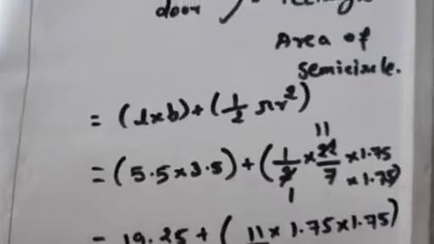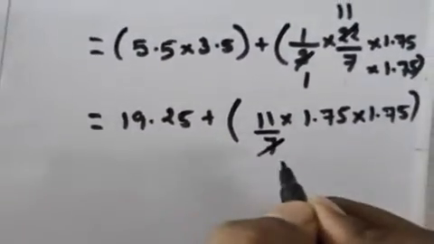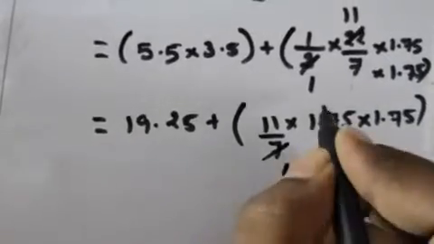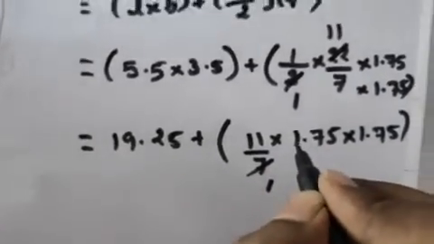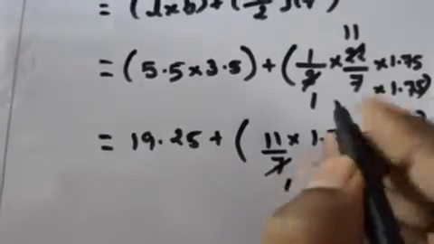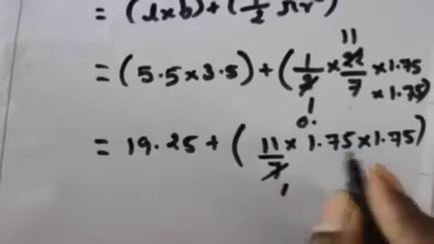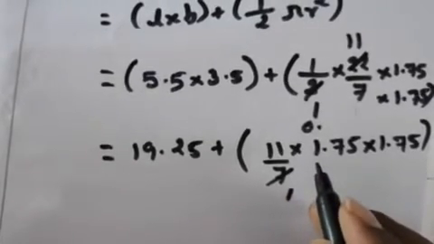Now I am going to cancel 7 and 1.75. 1 7 is 7, but here we have only 1. Next to 1 we have a decimal place. Therefore first we put 0 here, then the decimal point, then take the other two numbers, 17.